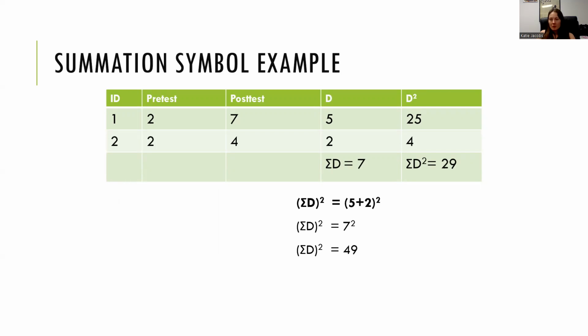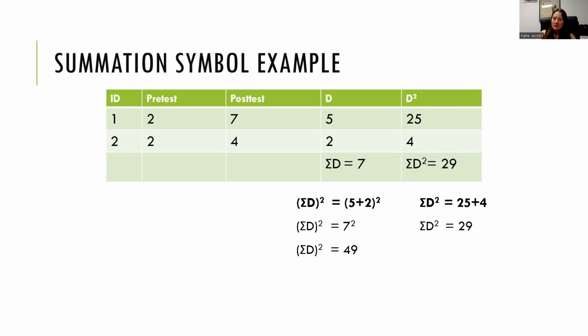So then when we're doing the summation of our d-squareds, what we're going to do is find all the difference scores squared first. We'll add those up, and then we have our number. So we see here that after we squared our difference scores, we had 25 and 4. And then when we add those up together, we had 29.